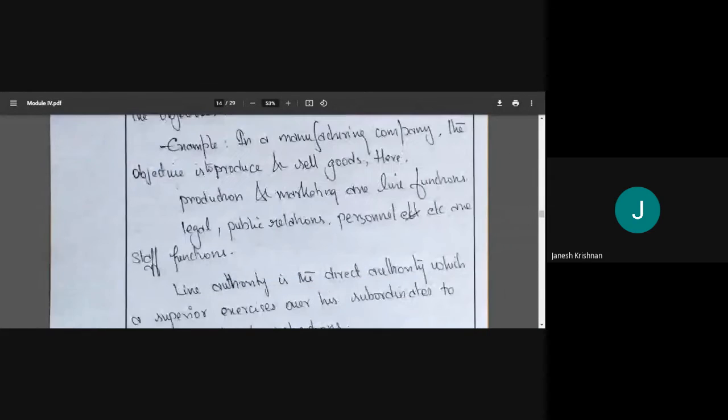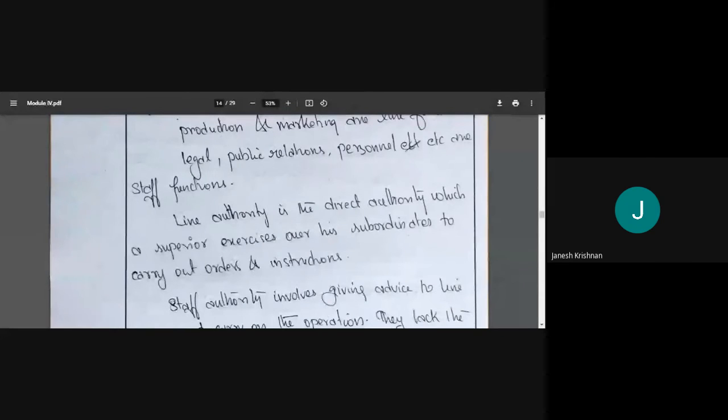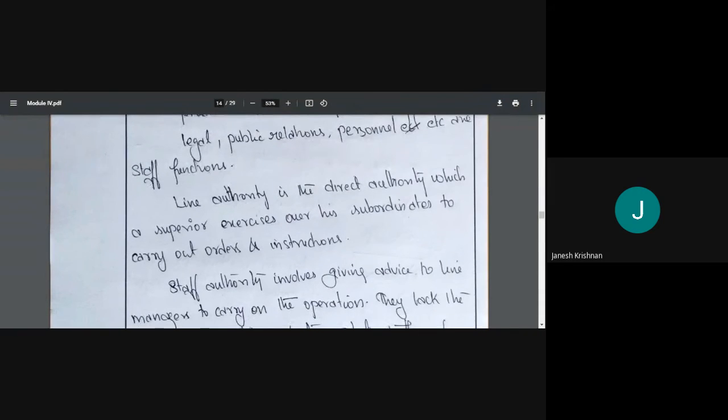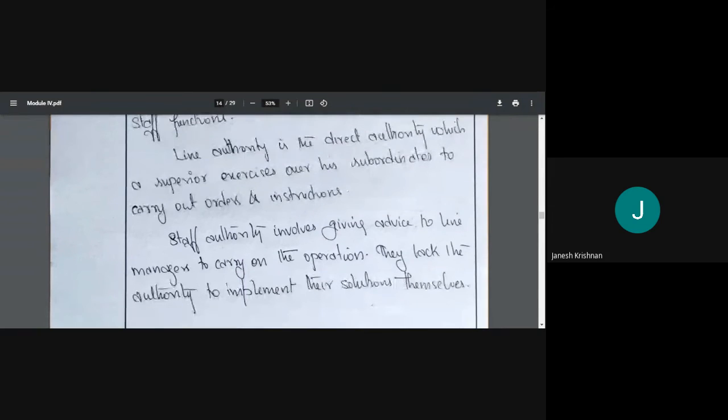The line authority is the direct authority which a superior exercises over subordinates to carry out orders and instructions. So they have the right. Staff authority involves giving advice to the line managers. They lack the authority to implement their solutions themselves. So whenever a problem comes up, I call my advocate and say, this is a problem.